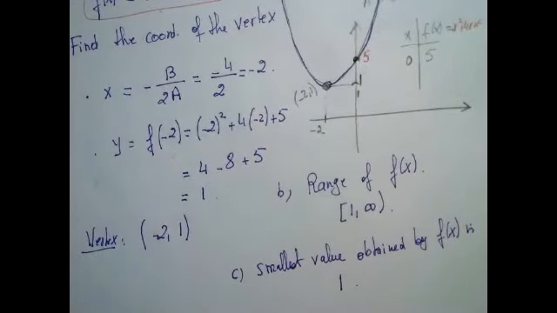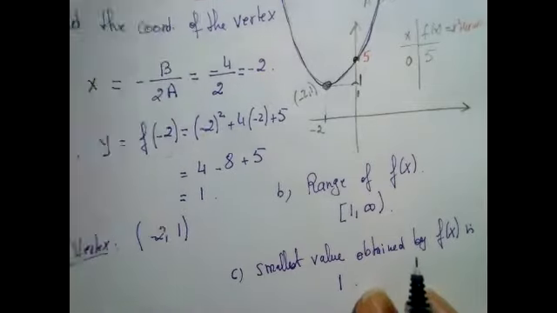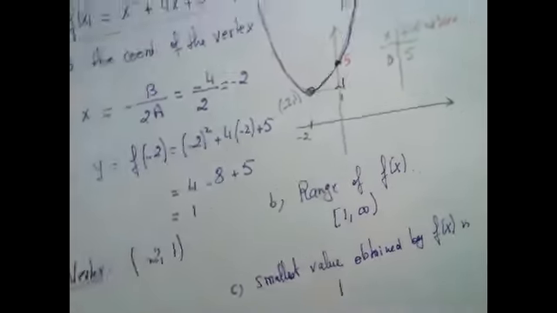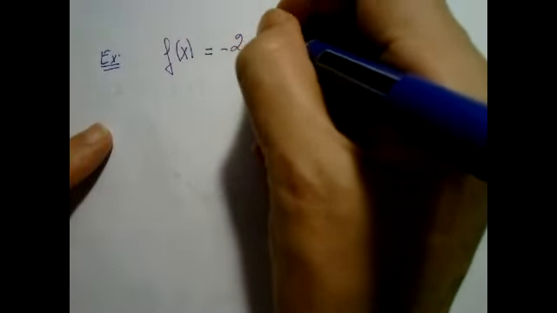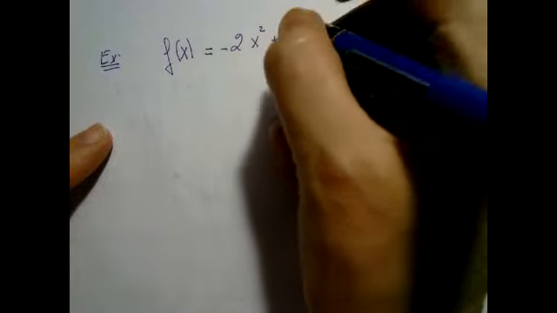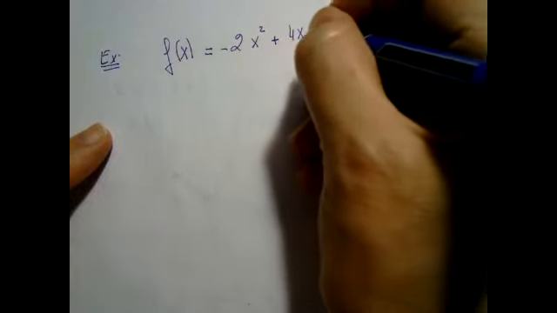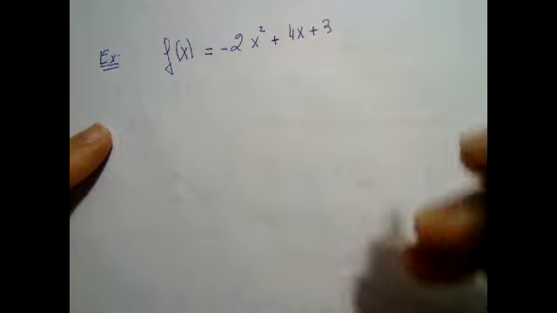So I'm going to give you another one of the same type of question, so you guys will be a little bit more comfortable with that. So example number 2, along the same line, I have the following function, f of x equal minus 2x squared plus 4x plus 3.